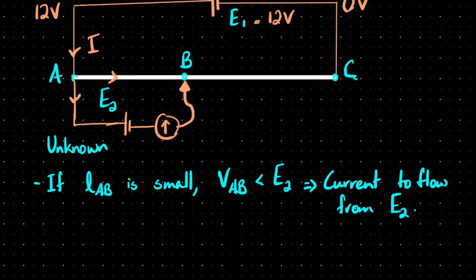And likewise, if there's a situation like this where the contact is much farther out towards C, then this voltage would be larger than E2, and the current would be flowing like this through the contact into this part, right? Again, just based off the idea of potential differences, because if you remember the theory studied in the current electricity chapter, the potential difference is what causes current to flow.